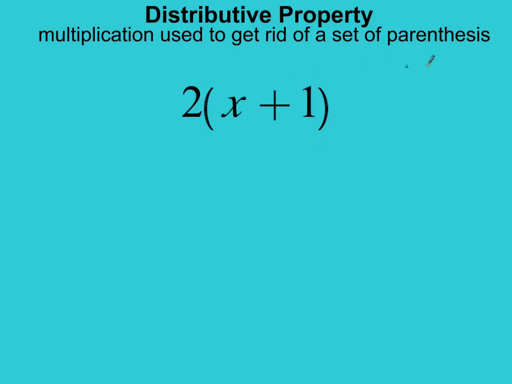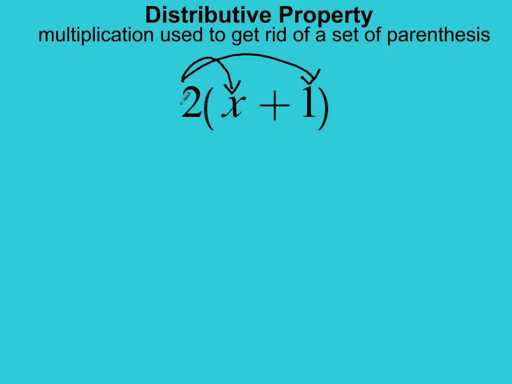Now, in order to get rid of the parentheses, all you have to do is multiply. So the number that's out front needs to multiply everything that's inside those parentheses. So you're going to take 2 and you're going to multiply it by x and you're going to multiply it by 1.